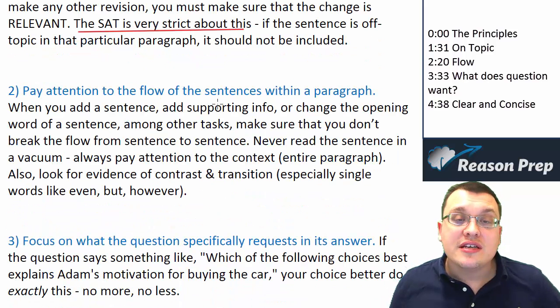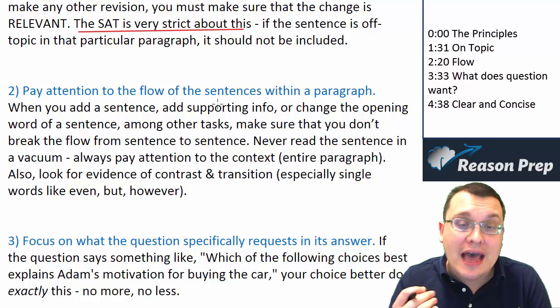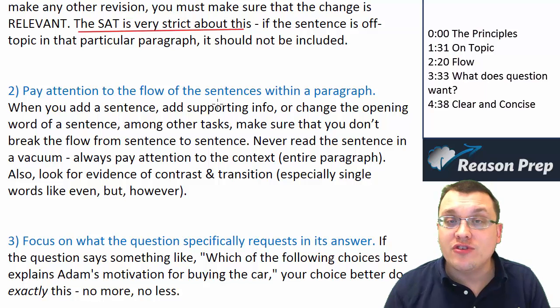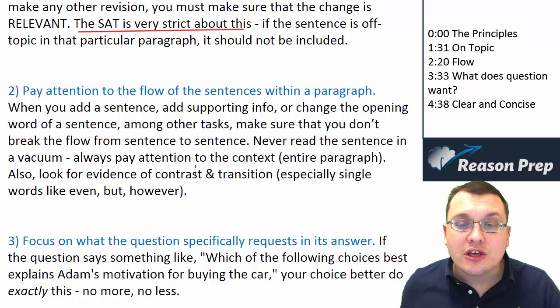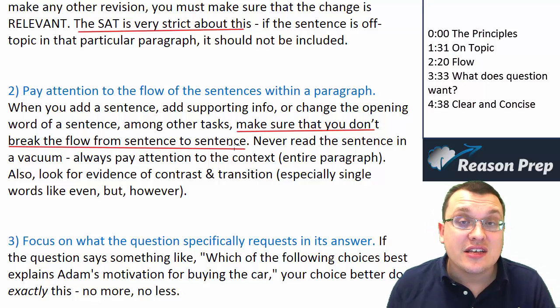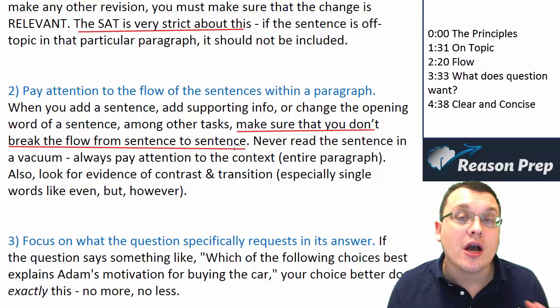Second thing to look for is you want to pay attention to the flow of sentences within a paragraph. When you add a sentence or change the opening word or other tasks that you might have to do on these questions, make sure that you don't break the flow from sentence to sentence. You're never going to read these sentences that you're revising in a vacuum, because you have to pay attention to the context, what's going on in the paragraph.